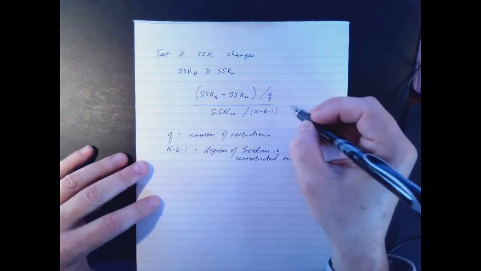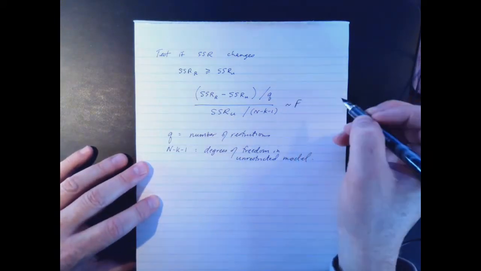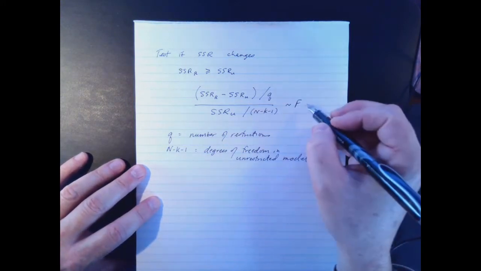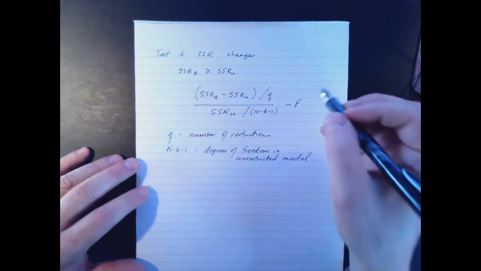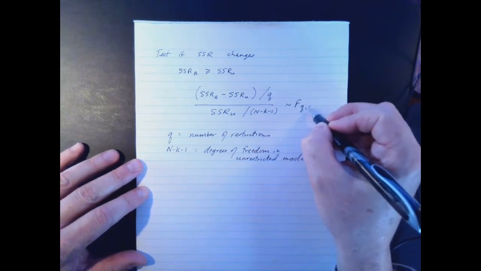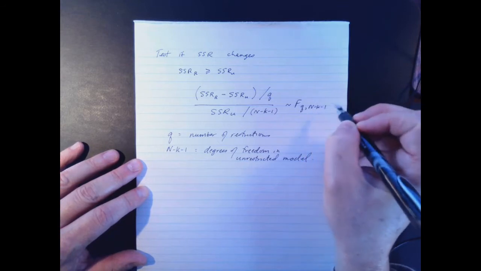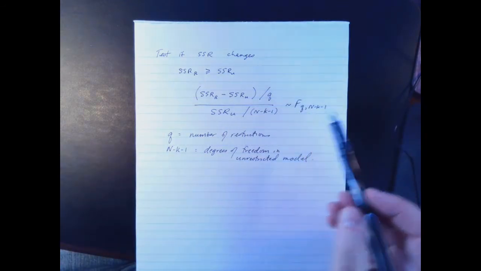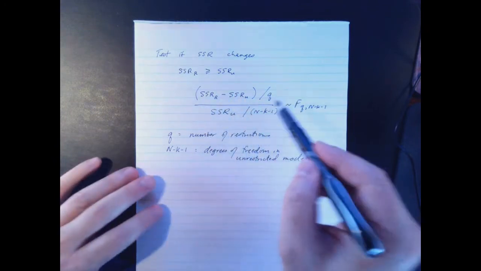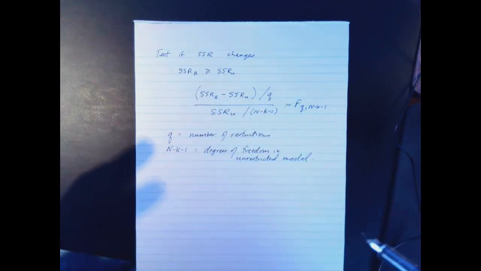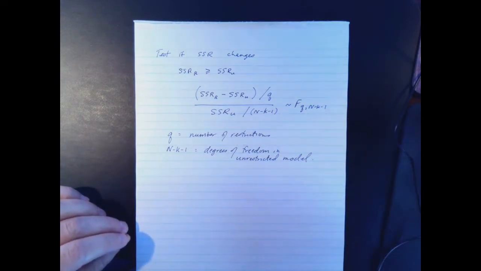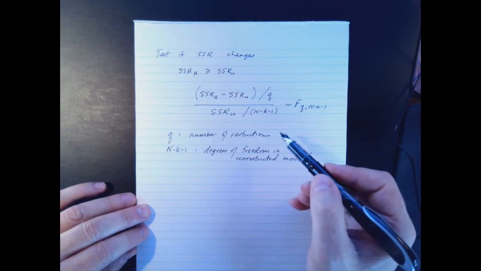It turns out that that follows an F distribution, and since the F distribution has two parameters, two degrees of freedom parameters, the degrees of freedom are Q and N minus K minus 1. So the idea then will be, if this fraction turns out to be a large number, then that means we're way up in the tails of the F distribution, so we would reject the null hypothesis.